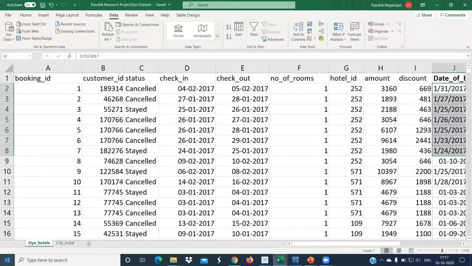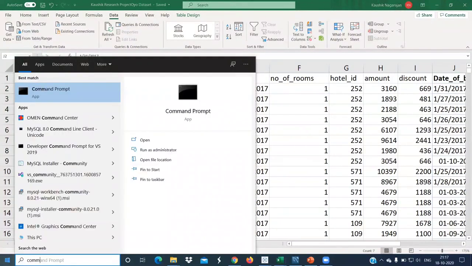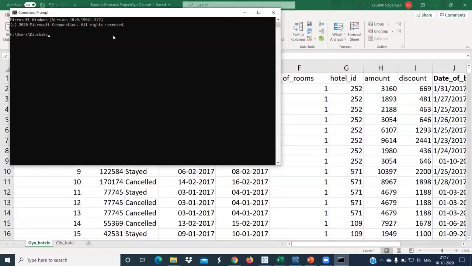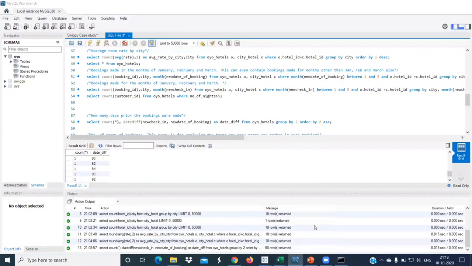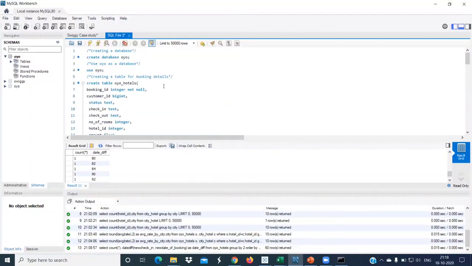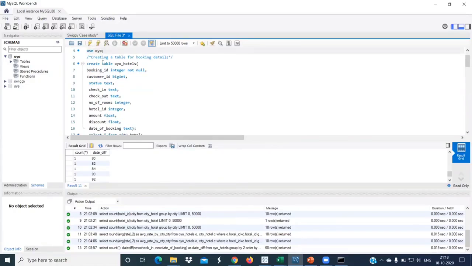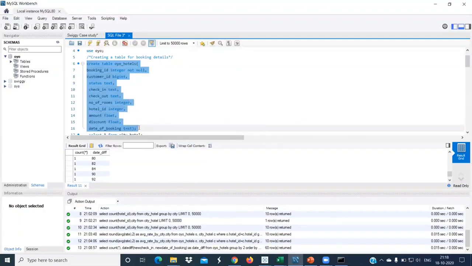In the command prompt, you have to first open the command prompt, then set the MySQL bin path, and write a few commands to load this table to SQL. Before doing all the command prompt things, you have to first create the database, set the database, and create the table in the MySQL server.